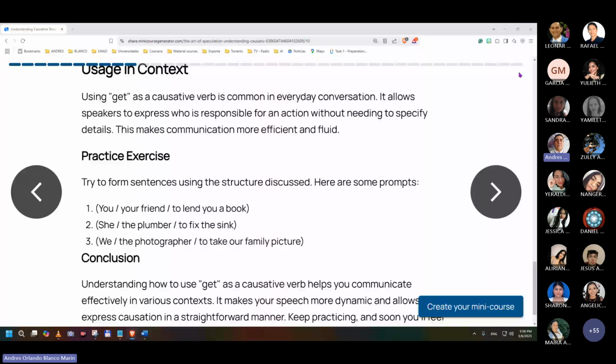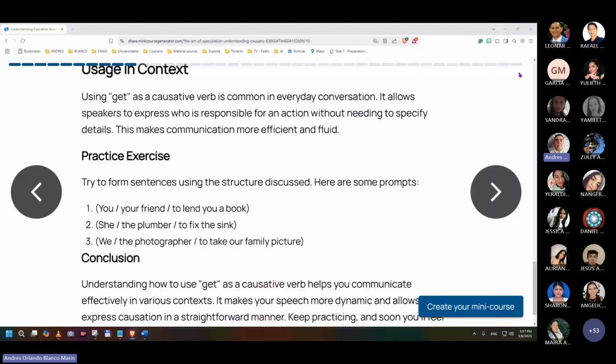I'm going to convince a photographer. I'm going to persuade a photographer to get a picture of our family. So don't get fixed in the examples that I use simple past. You can use any verb tense. You can use the present on some occasions, the future, perfects. You can use negative statements.